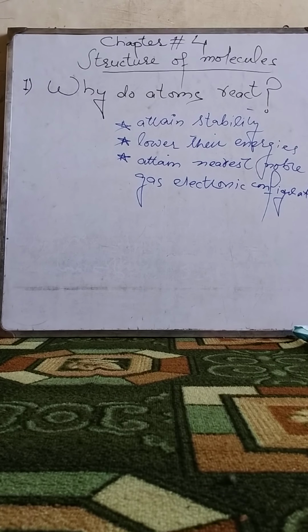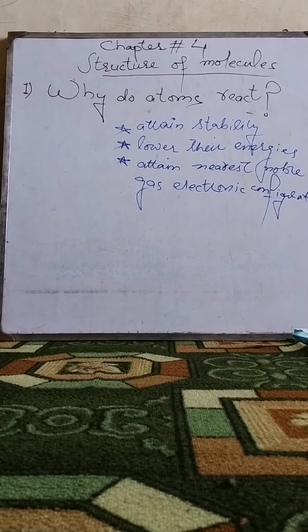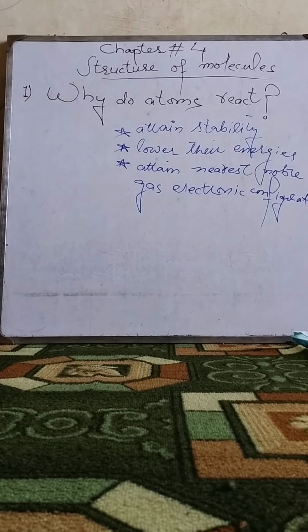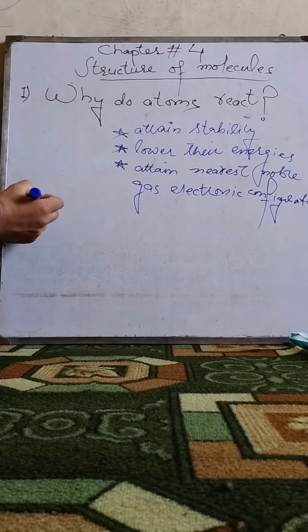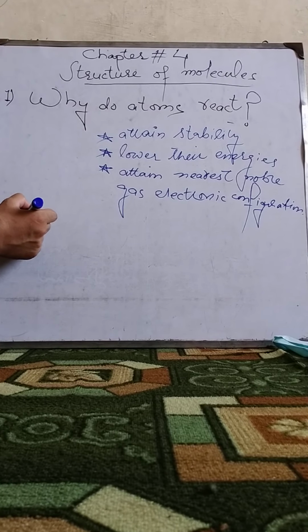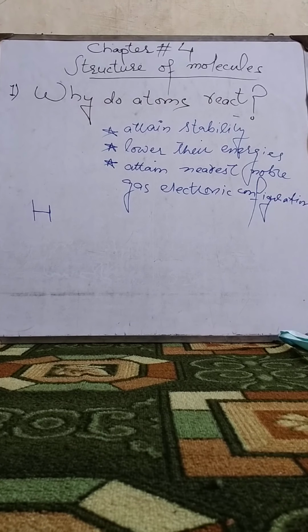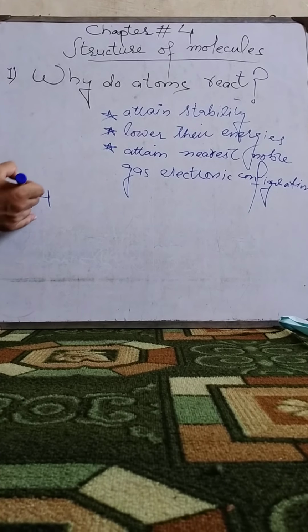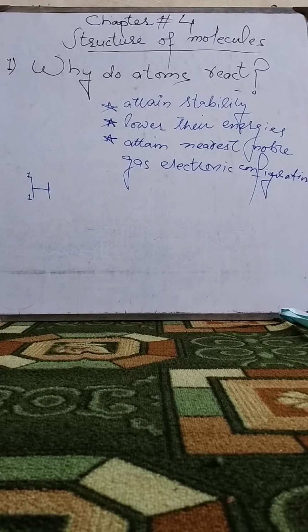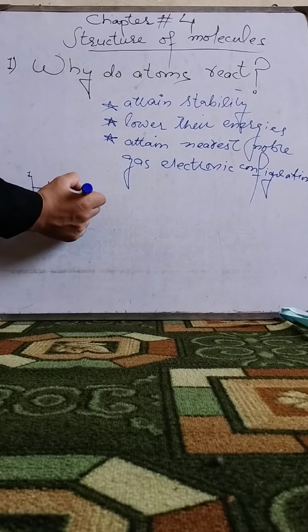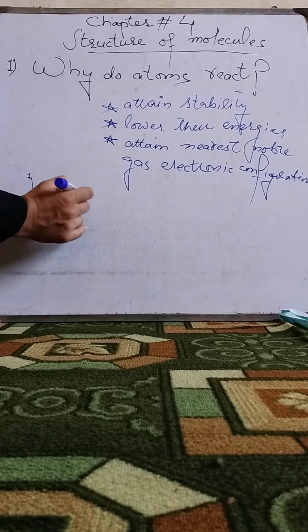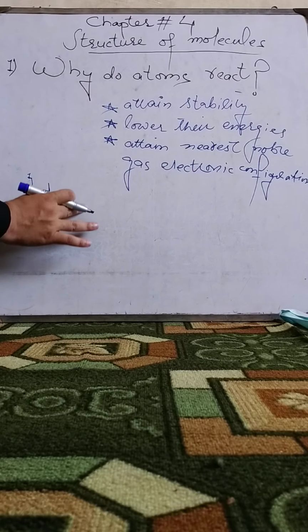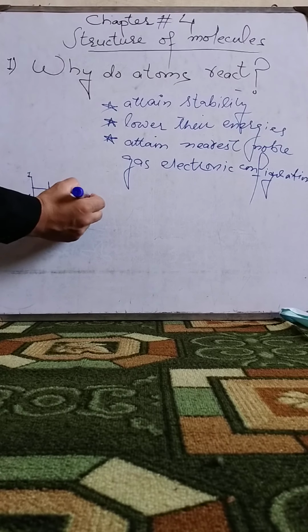Okay, now we'll discuss in detail what are the three main points. Let's say we have a simple atom, hydrogen. In hydrogen, the atomic number is 1, mass number is also 1, which means that it will have only one proton and one electron.